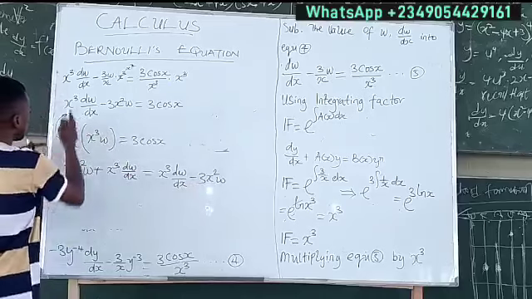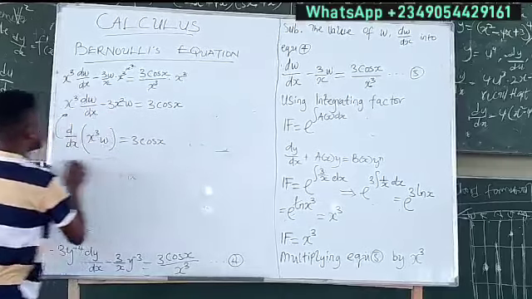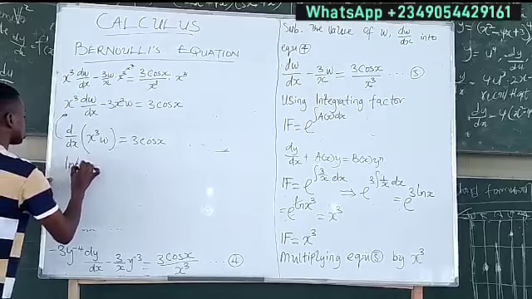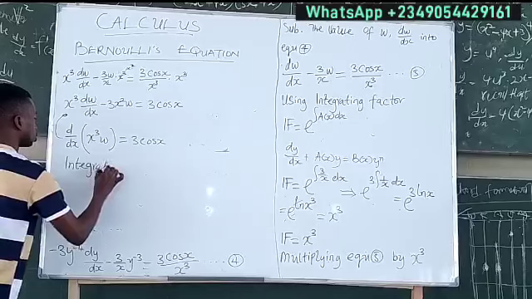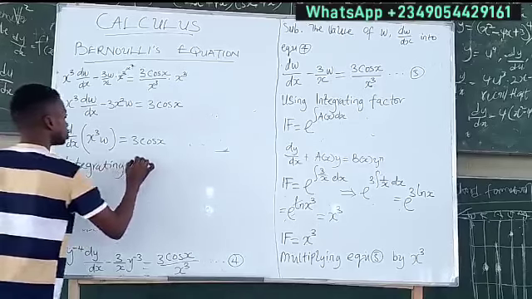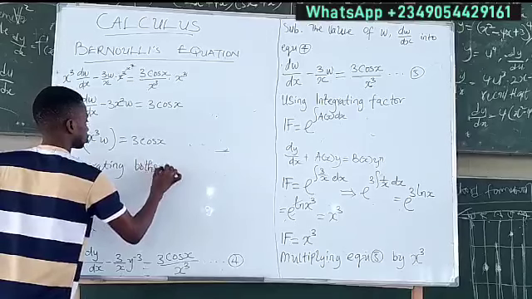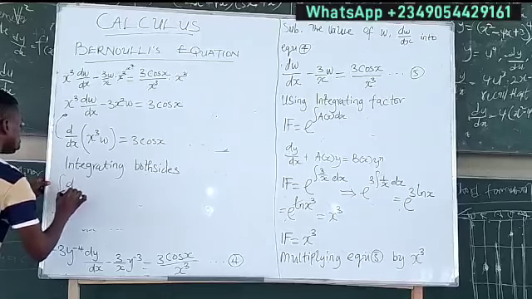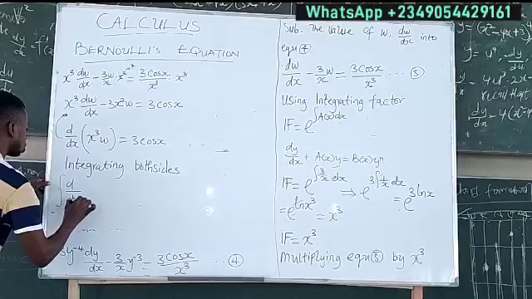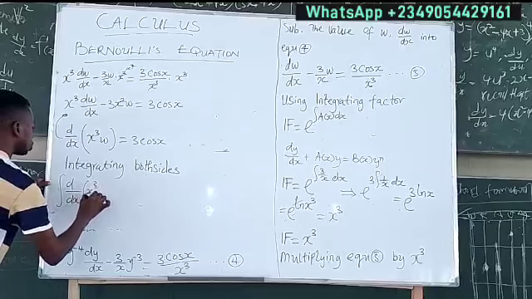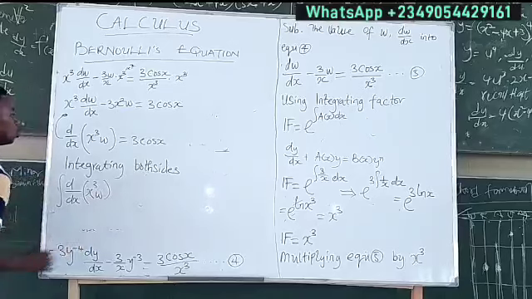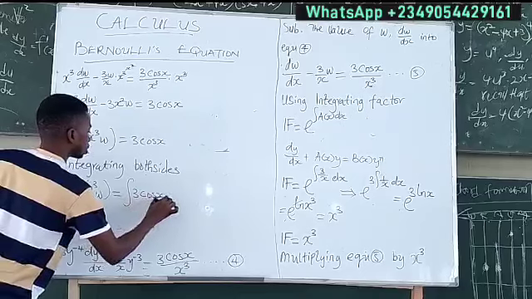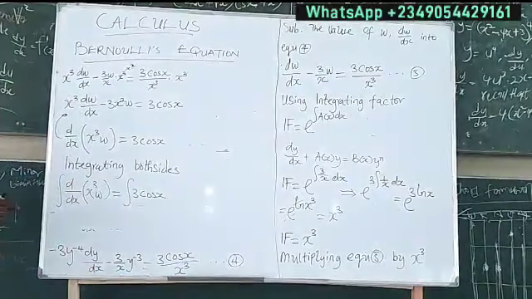So from this part now, you can integrate both sides. Integrating both sides, that is the integral of d over dx of x raised to the power 3 w, then integrating 3 cos x.